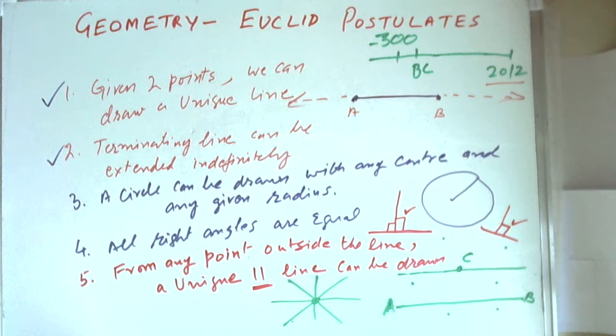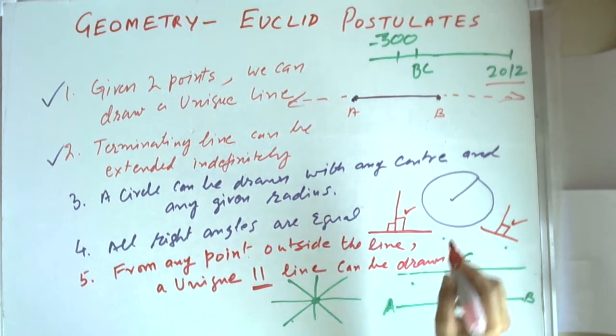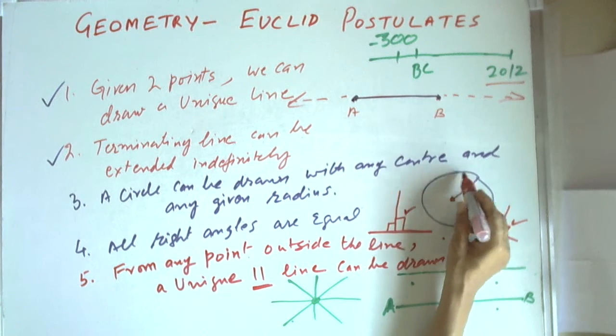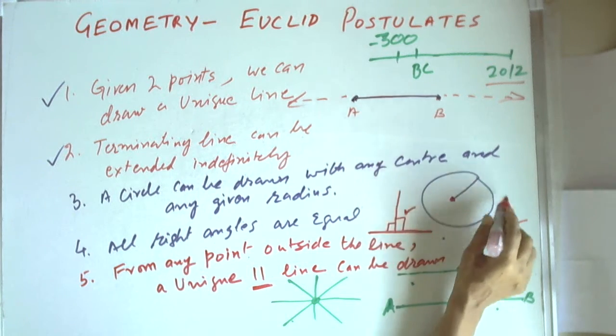Then the third postulate is, a circle can be drawn with any center and any given radius. So if we have a point given to us and a radius given to us, then we can always draw a unique circle.